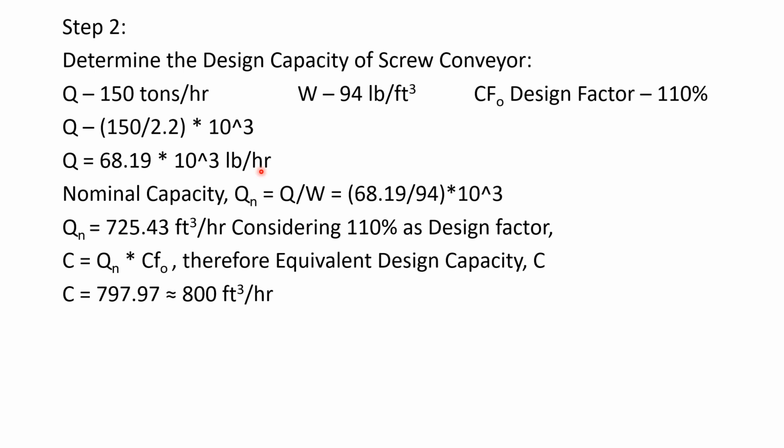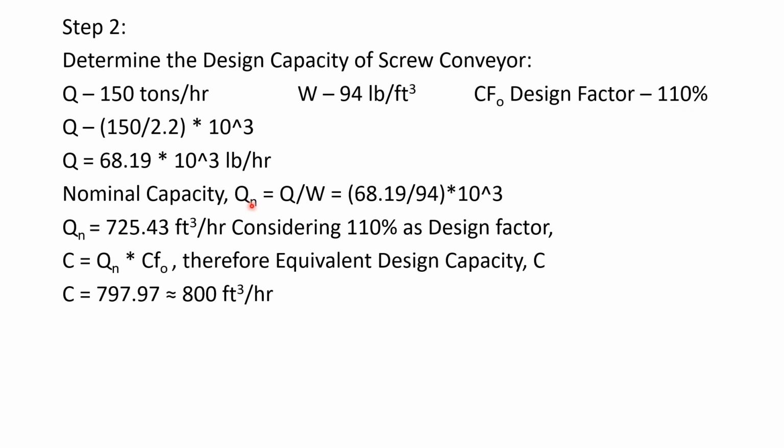If you don't use the units properly, your calculation will not be correct. So 150 tons per hour will be converted to 68.19 times 10 to the power of 3 pounds per hour, because we have shifted from kg per hour to pounds per hour. And density we have taken from the previous table, and design factor we will take as 110%.